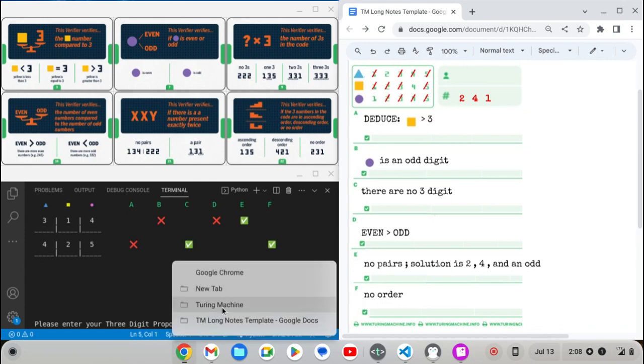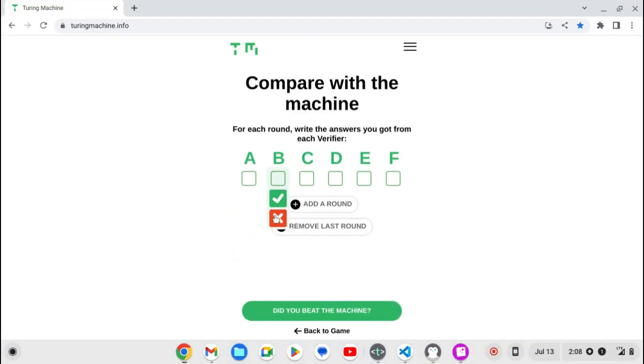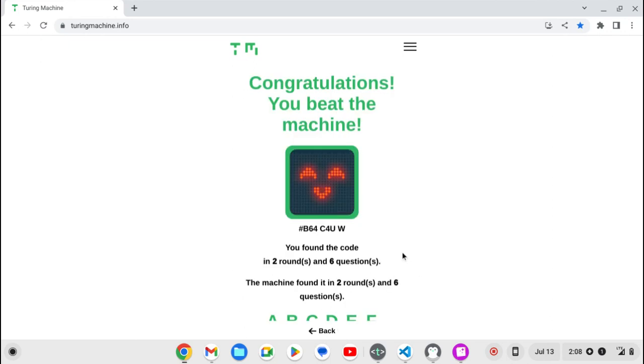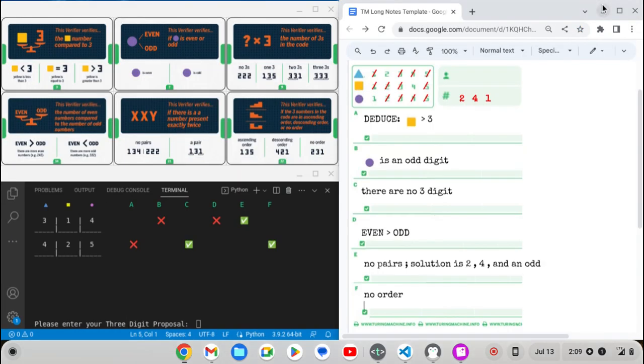So B was incorrect, D was incorrect, E was correct, and then A was the only incorrect in the second round. Both C and F were correct. I'm thinking we probably tied. Yeah. So we both answered it with 6 questions in 2 rounds. And so, not bad. I think we did have some good intuitions.